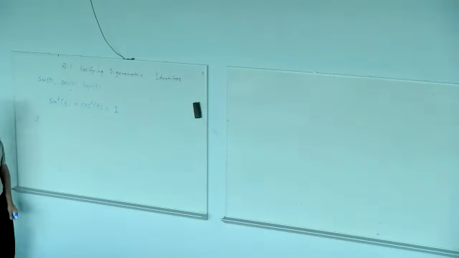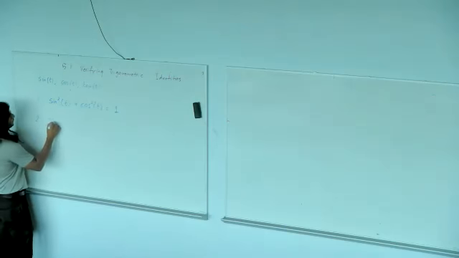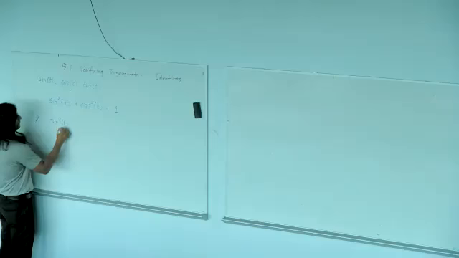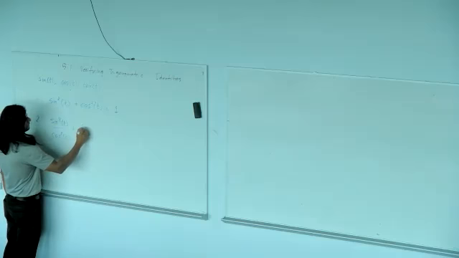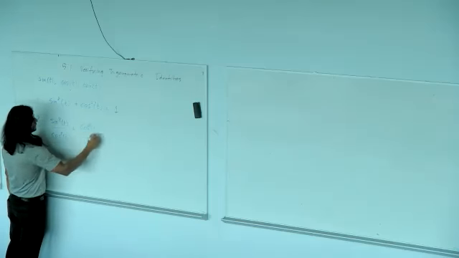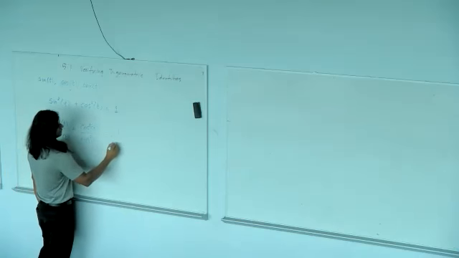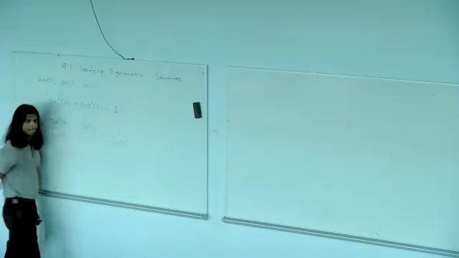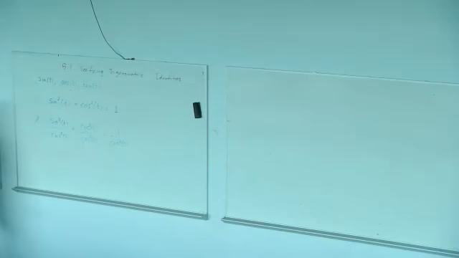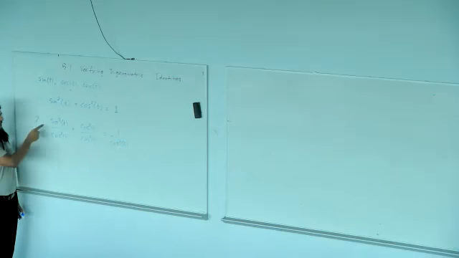If I divide by cosine squared t on both sides, I want to rewrite this.